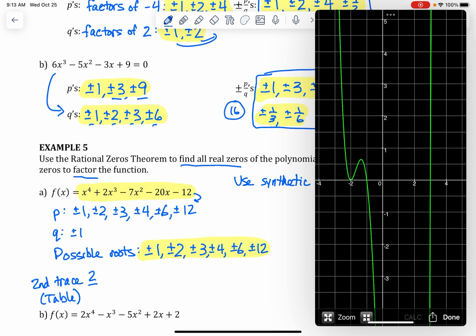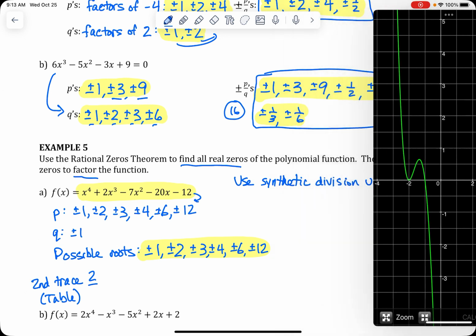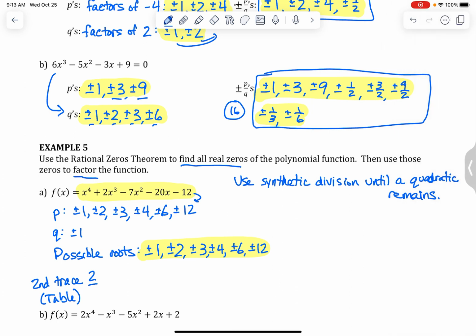So what we're going to do is basically prove that these are the zeros using synthetic division. I'm going to take the one on the right, which is 3, and start there. Okay? So I'm going to take my 3 and synthetically divide my polynomial: 1, 2, negative 7, negative 20, and negative 12.